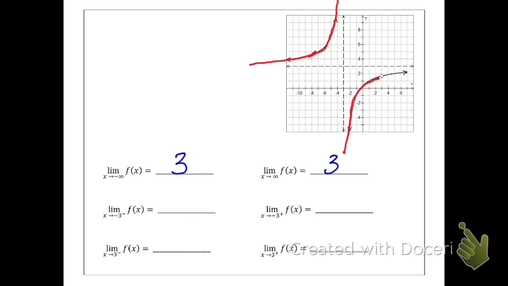I'm doing the wrong one. I'm sorry. I jumped to this one. I did positive 3, so I'm down here. I apologize. Anyways, as I'm going towards that hole at 3 from the left, I'm going to the y value of that hole, which was 5/3. And then as I approach that 3 from the right, so as I come from the right side of my graph towards that hole, I'm approaching that y value that's 5/3.